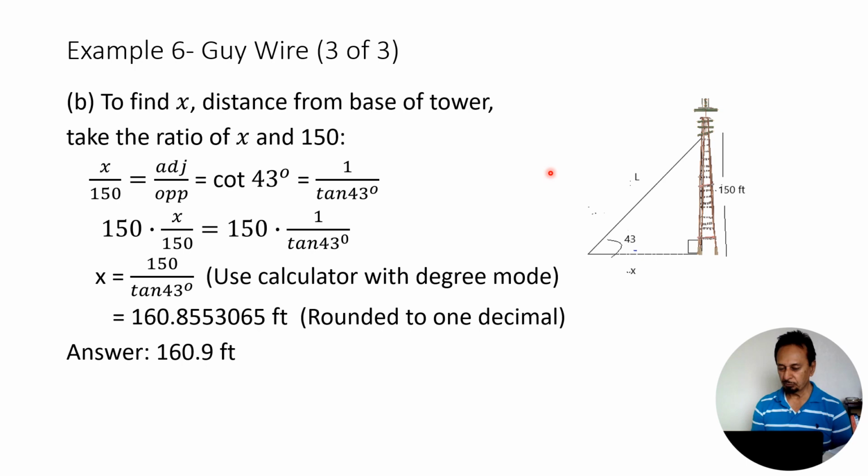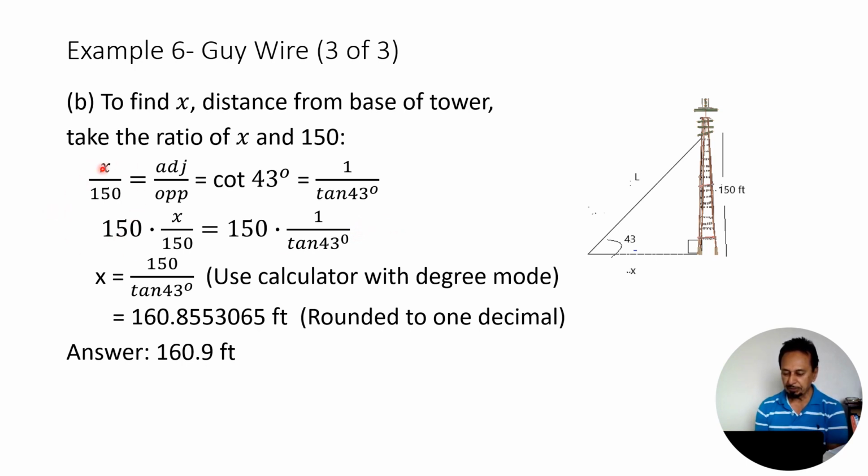Okay, so now we want to find X, and X is this distance from the base of the tower to the place where the guy wire is anchored on the ground. So we take the ratio of X and this opposite side 150. So we have X over 150 equals adjacent over opposite, and we know adjacent over opposite is cotangent theta. Theta is 43 degrees, so we have cotangent 43 degrees. Now cotangent is the reciprocal of tangent, so we write 1 over tangent 43 degrees.